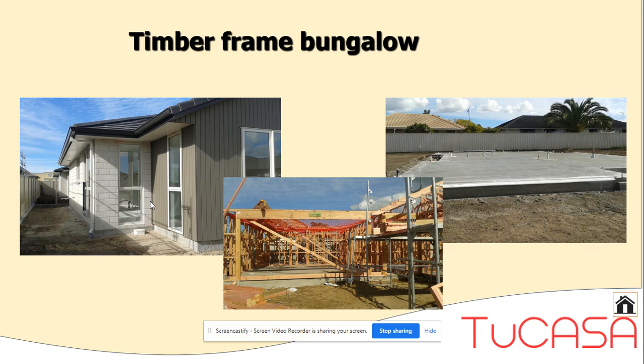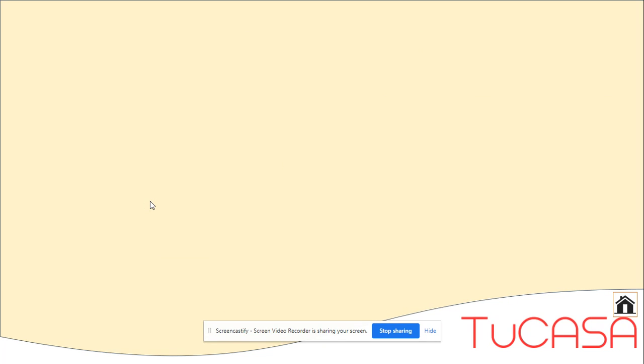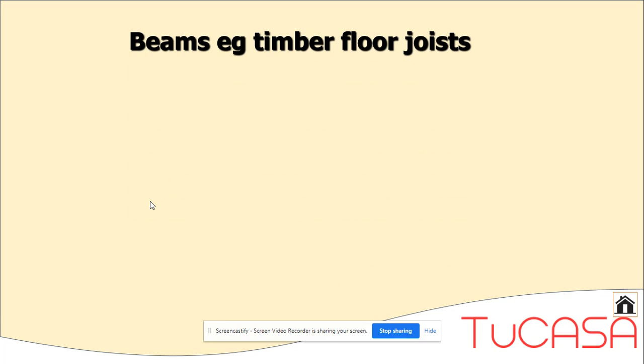A lot of our 2- and 3-story houses these days are built with timber frame construction, rather than the traditional cavity walls of brick and block.